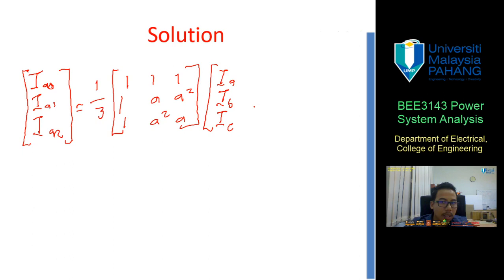If you still remember, A is 120 degrees, A2 is 240 degrees, and A3 equals 1.